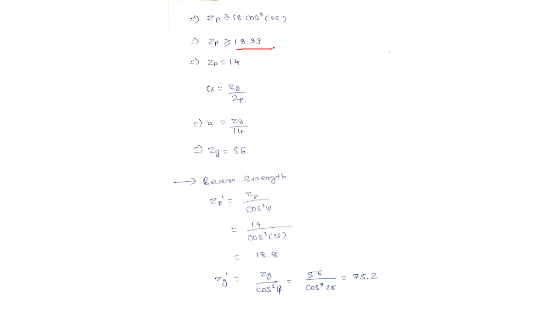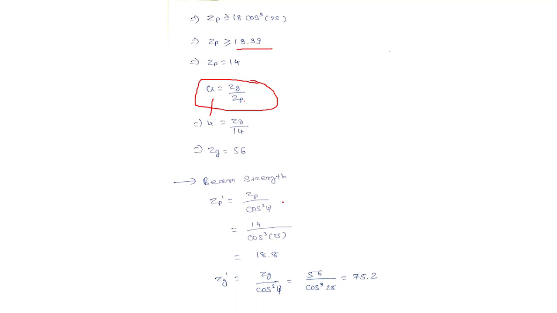Now we know the second equation, gear ratio. Gear ratio G is Zg upon Zp, and putting the value of G as 4 and Zp equal to 14, we get Zg, it is 56.